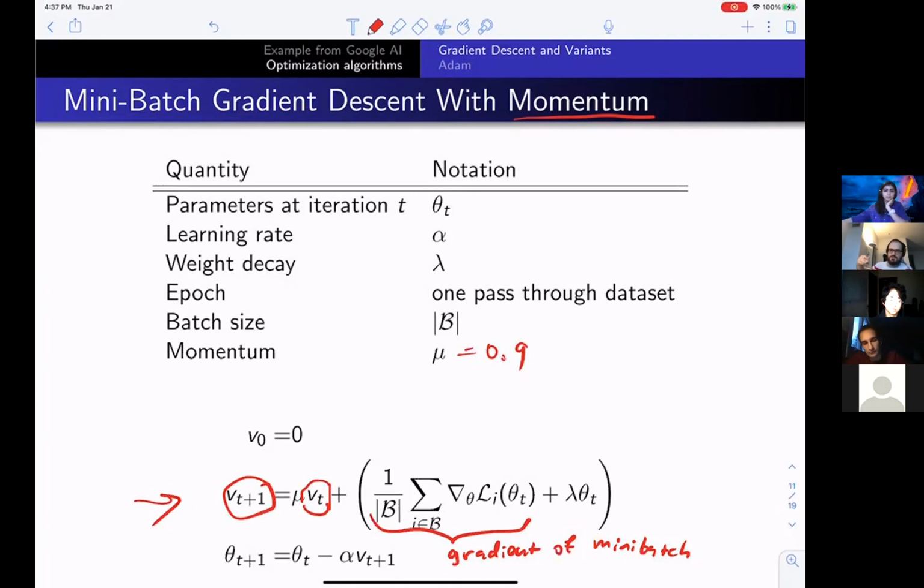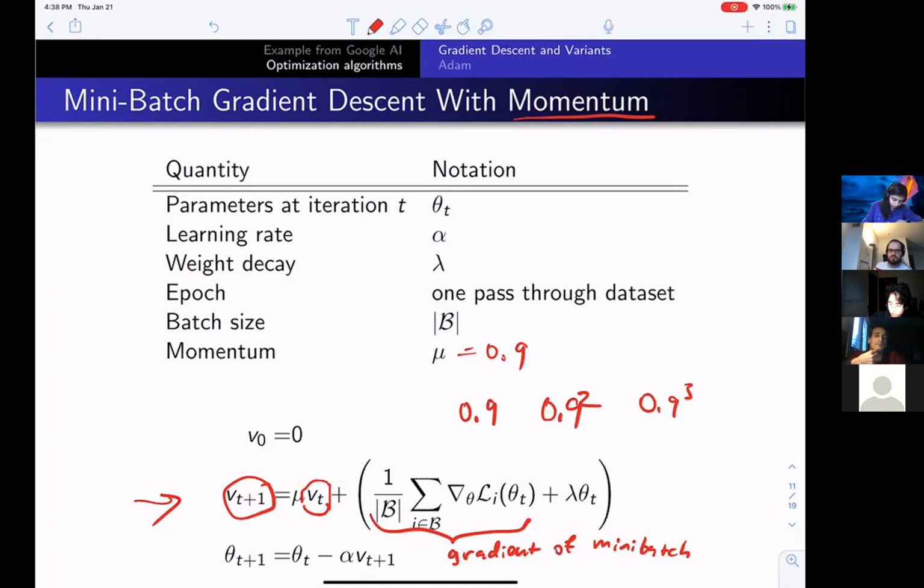Now, if you think about it, it keeps updating VT with gradients, right? And gradients after many steps will be multiplied first by 0.9, then by 0.9 squared, then by 0.9 to the power of 3. So the more steps you do, the less impactful the gradient is, right?